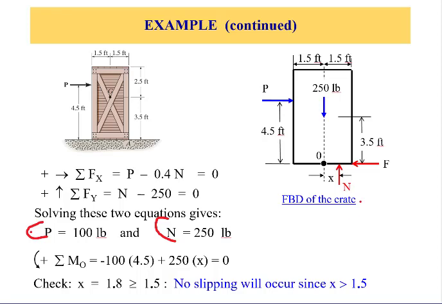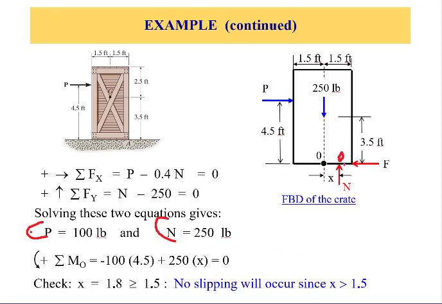Now the question is, where is that N located? Now we said for this to slip, x must be between 0 and 1.5. Now let's check that by applying the moment about this point O. Assume this is the point O, right?